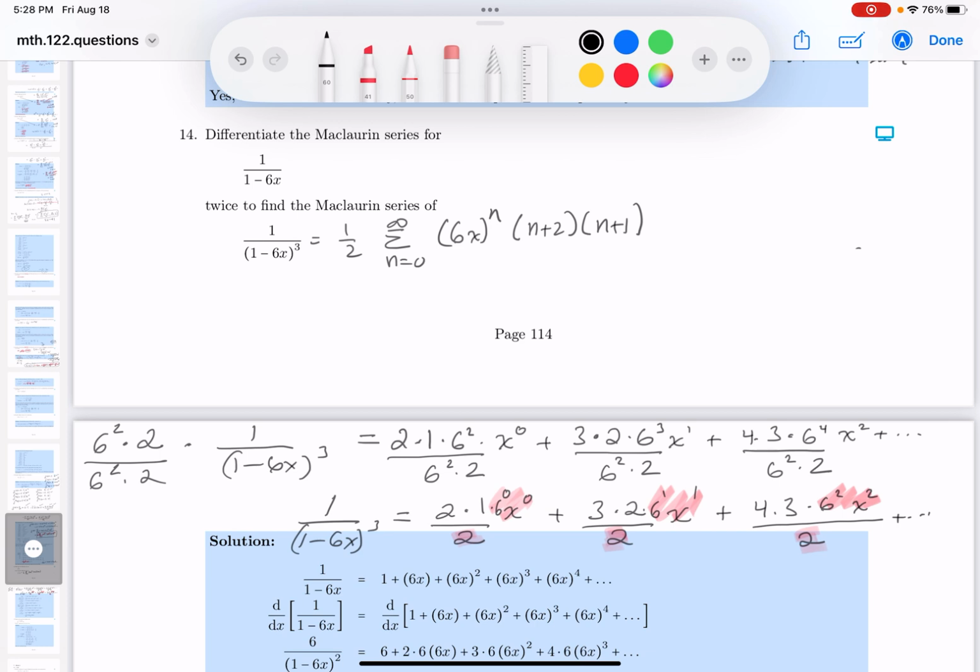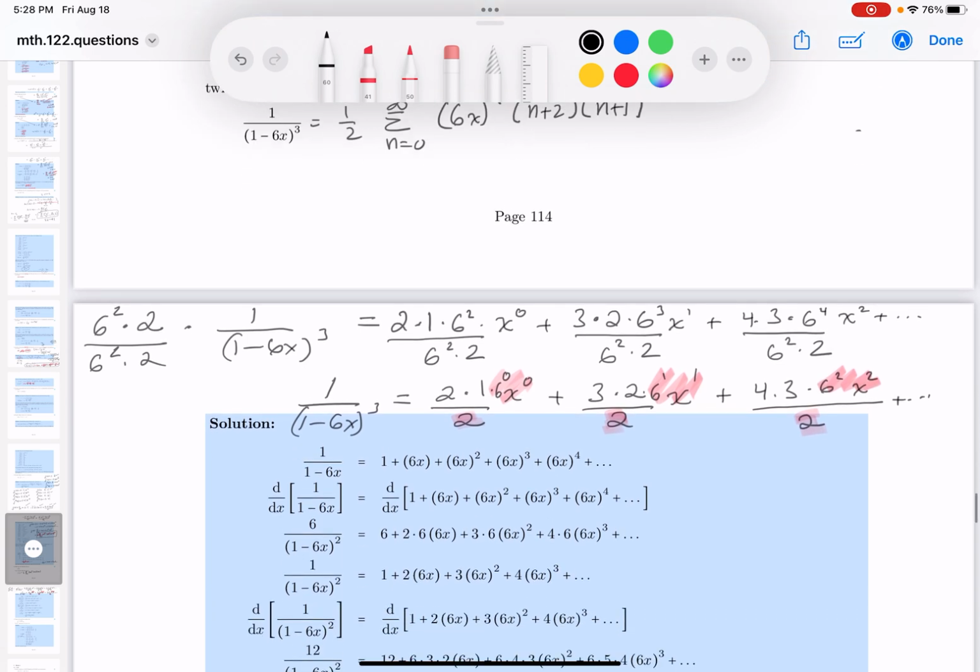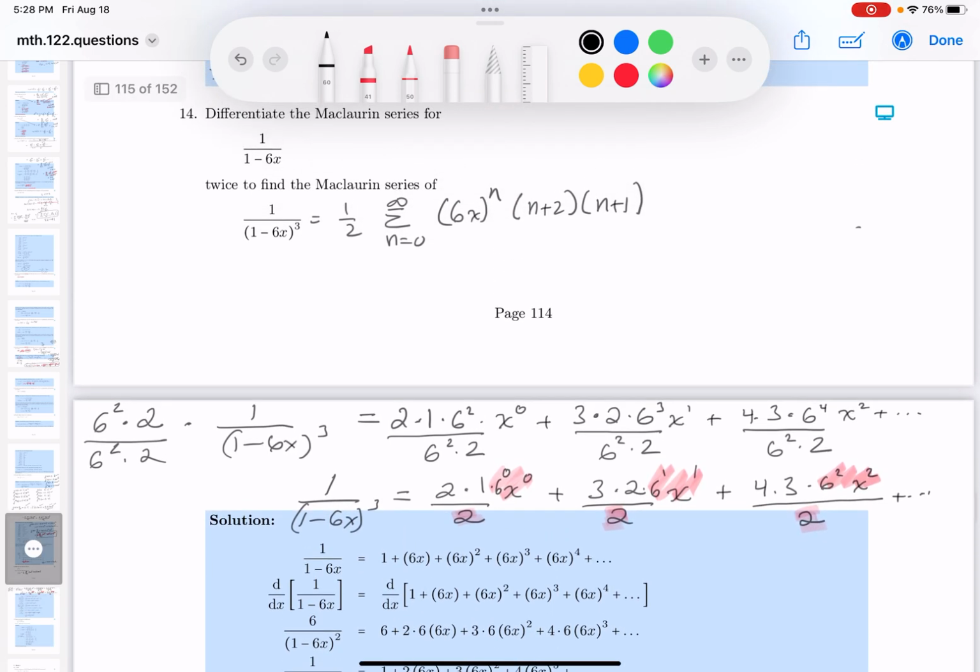If n is 2, I'd get 4 times 3. So it seems like it's working out okay. And what I want to do now is rewrite a tiny little bit, and then we'll talk about the answer. 1/2 sum n equals 0 to infinity, n plus 1, n plus 2, 6x to the nth power. A little box in that.